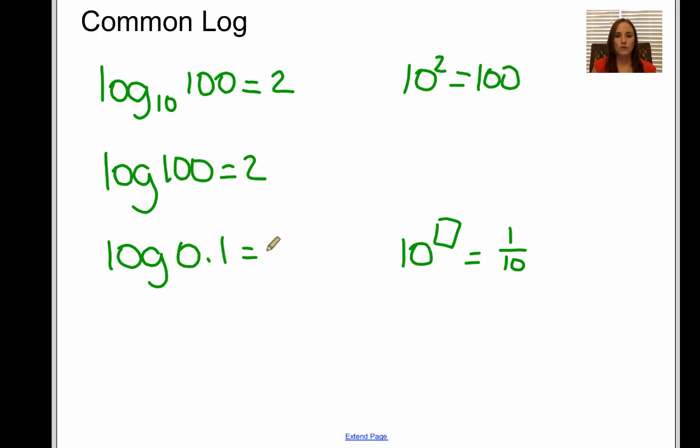So hopefully you're seeing that as -1, okay? But anytime you write log and there's no base, 10,000 equals, well, 10 raised to what power gave me 10,000? 10 raised to the 4th power.